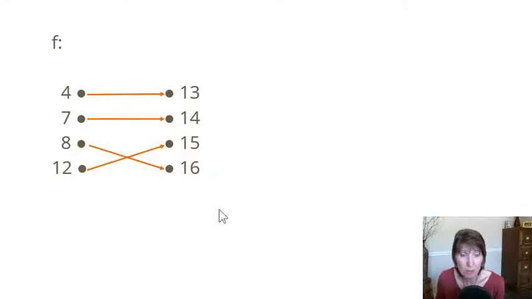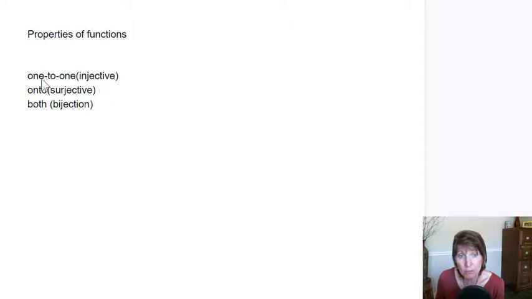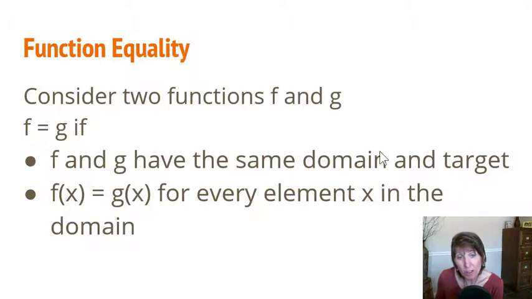So these are just different properties of functions. They're all still functions and well-defined, but these properties become descriptive when you're talking about functions. You can say something about the function and know what it means. Functions can be equal, and for two functions to be equal, they have to have the same domain and the same target, and for every x, the result of f acting on x has to match the result in g.